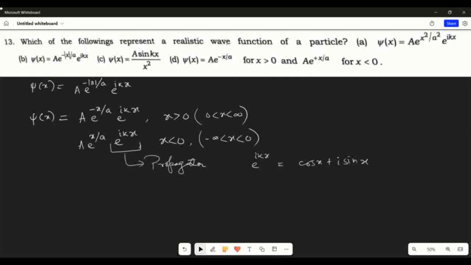Whatever number we put in the argument of cos and sin, it will give a maximum value of 1 and minimum value of minus 1. So its modulus is nearly equal to 1, and it will always be finite. So we have to check the rest of the function, these parts.